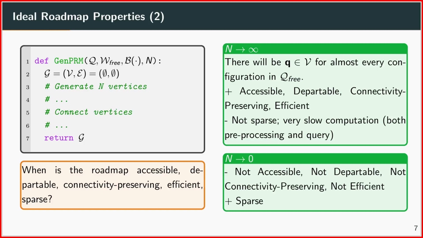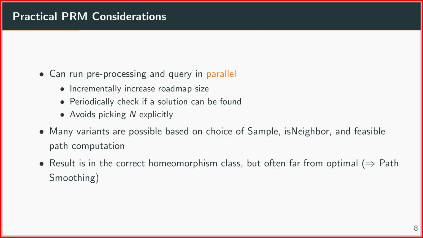So you always have this trade-off between having all the nice properties of being accessible, connectivity preserving, efficient, but you have to trade it off with being sparse, being memory efficient, and also, in this case, being efficient at actually solving a new query. So the fewer points you have, the faster will be the query which you compute at the end. Okay, so this is a little bit for analyzing the roadmap and the number of points.